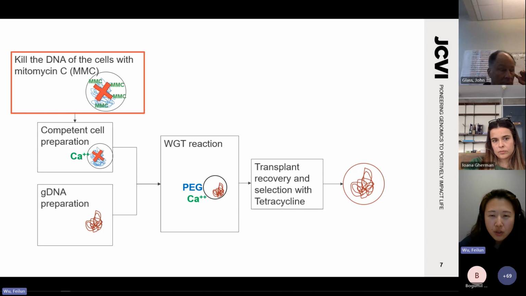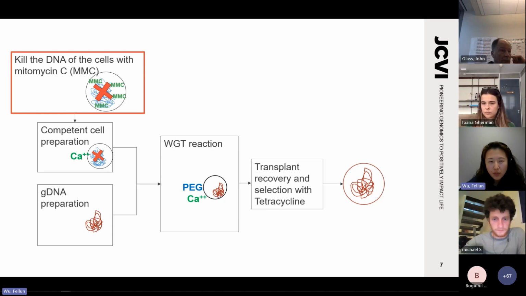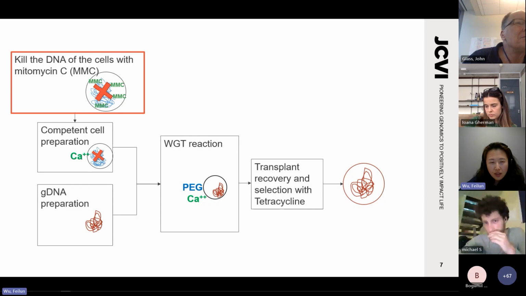And the assumption is that the transcription and translation machinery in the cell is still active to read and boot up a new donor genome that we supplement the recipient cells with. And so the entire procedure is the same as the original protocol, except we kill the cells first with mitomycin C.